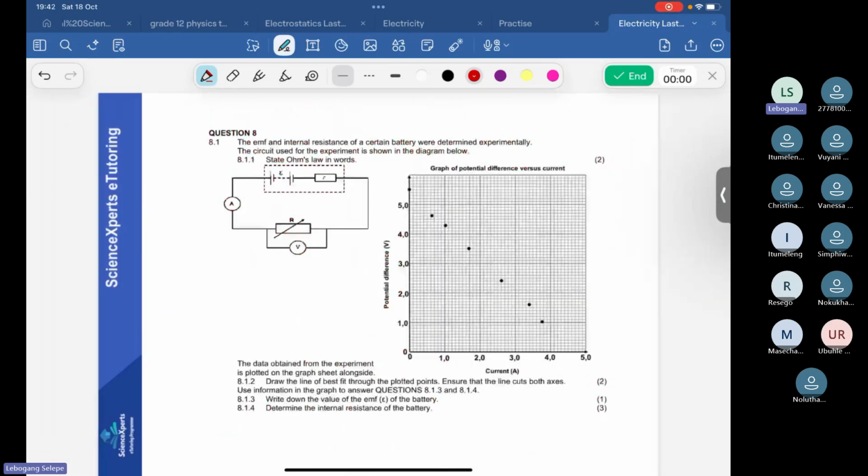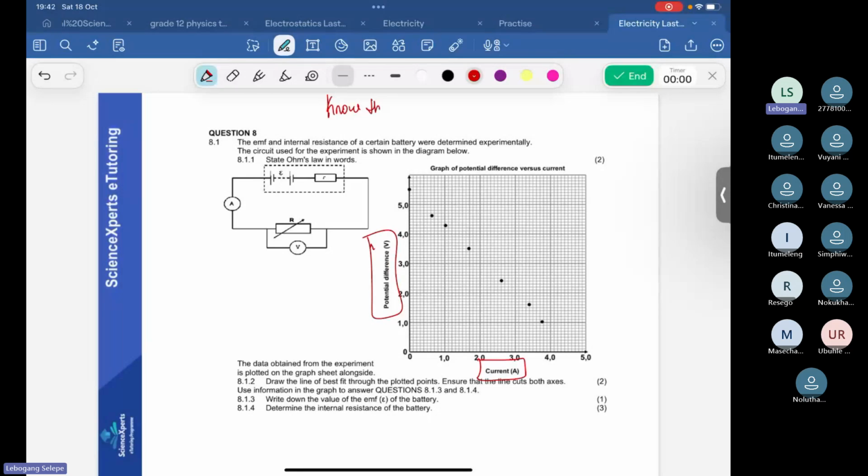Look at another graph. Here's another graph. For these graphs, guys, you need to know what the y-intercept represents and what the gradient represents. And for specifically this one, that shows the relationship between V external and the total current, you must know this one by heart.